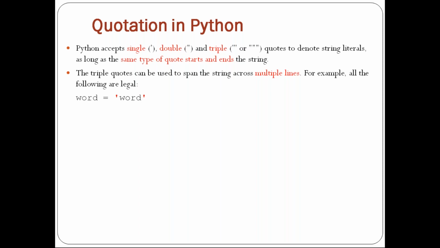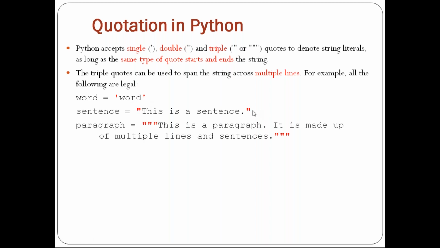If your string starts with a double quote, it must end with a double quote. If your string starts with triple quotes, it has to end with triple quotes. This rule has to be followed.